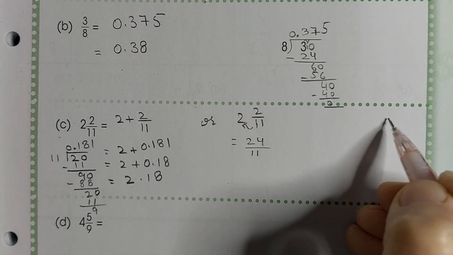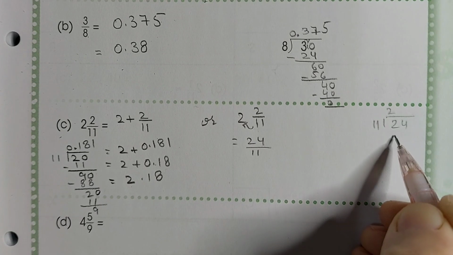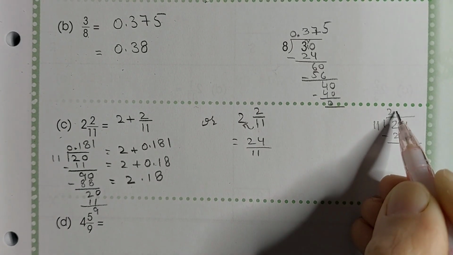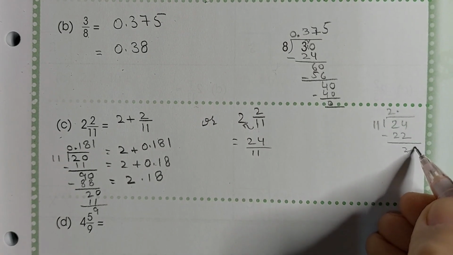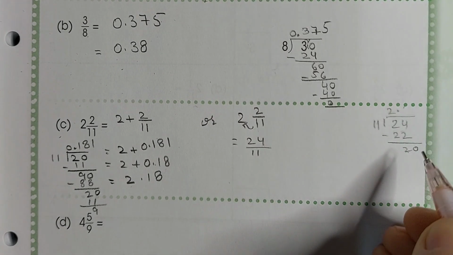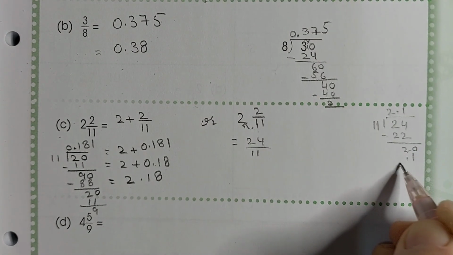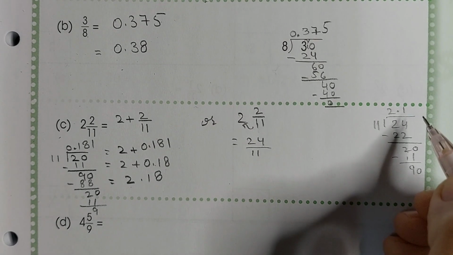Now what you have to do? You have to put 24 inside, 11 outside. 11 twos are 22, minus 2. Now 2 is smaller. Put a point here and add 0 here. Now 11 ones are 11. Now 10 minus 1 is equal to 9. Again we will add 0. Why are we doing so?